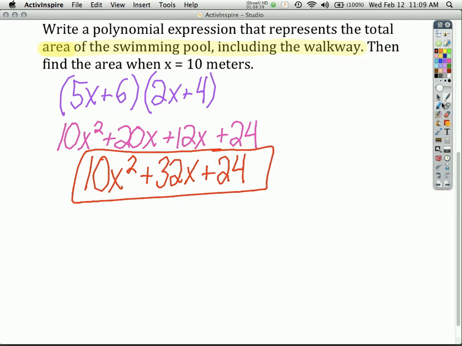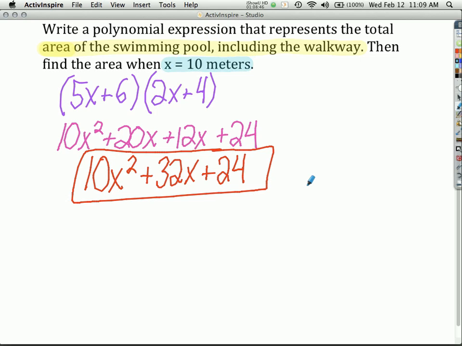So now we have a customer that would like their pool to be times a factor of 10. So now we take that 10, plug it in everywhere there's an x, and simplify the expression, and then we know exactly how much area we need in that person's backyard.